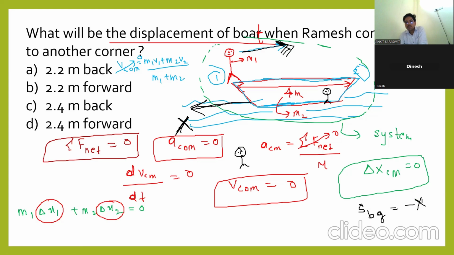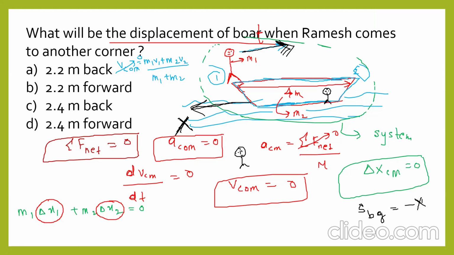No. With respect to the boat he is traveling 4 meter, but the boat is also coming back. The boat is going back and he is traveling in the forward direction. Then with respect to the ground, the distance will be a little bit less. Is it clear? So in this formula, if you are writing delta x2 with respect to ground, then delta x1 also with respect to ground.